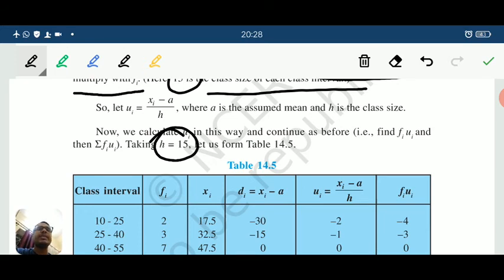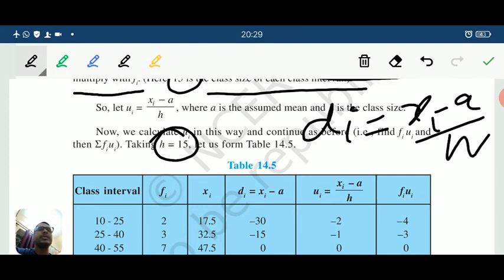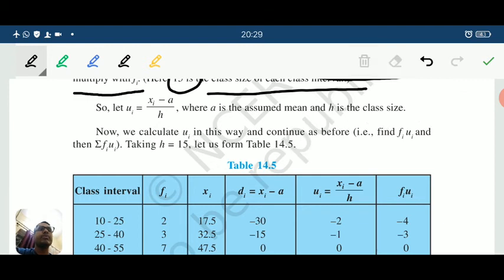So what basically we are doing is dividing the deviation, that is xi minus a, by the class size. If you do this, dividing by the class size, the number gets a little more smaller, isn't it? Yeah, it becomes smaller.